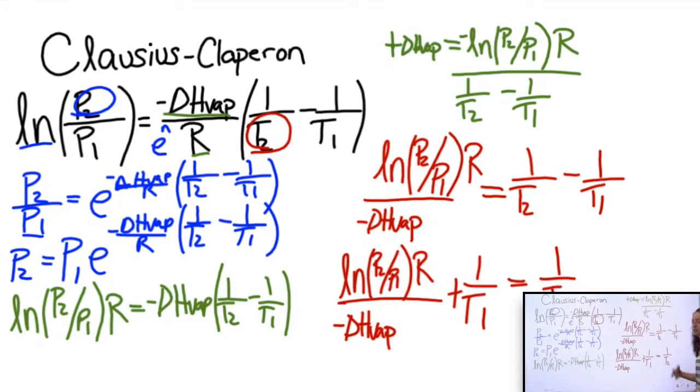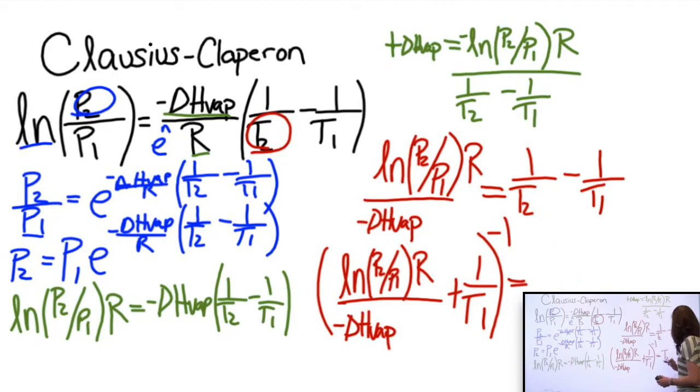So the next thing is, since you guys can use your calculators on test, you'll simply take this whole thing to the negative power to solve for T2. So hopefully that makes all sense.